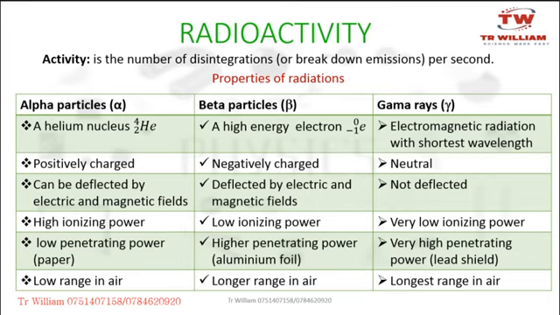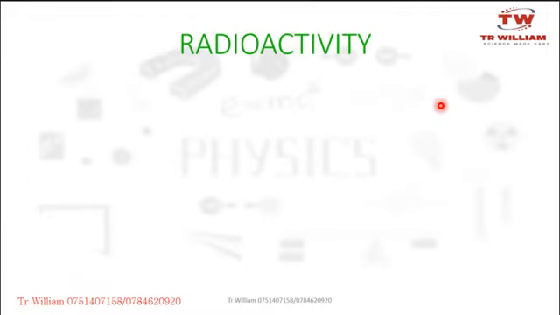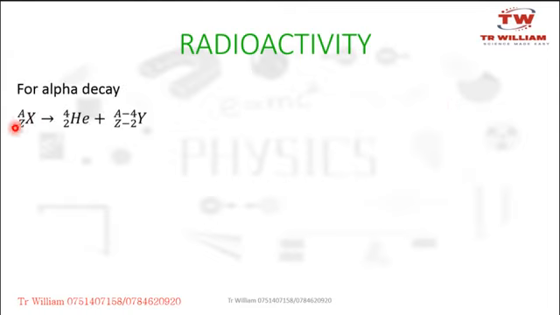Now let's look at these decays in the form of equations. For alpha decay, if I have a nucleus with a mass number of A and an atomic number of Z, and it undergoes an alpha decay, meaning it emits 2 protons and 2 neutrons, the new nucleus that remains will have its mass number reduced by 4.